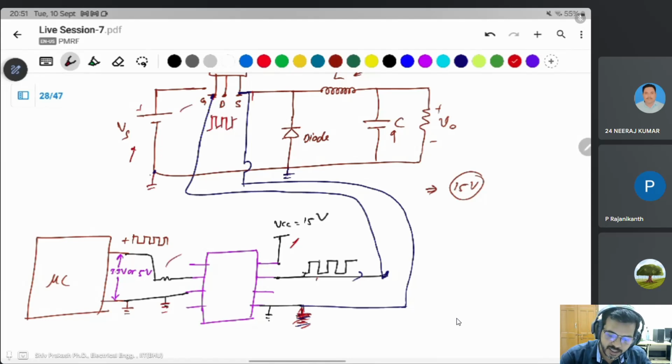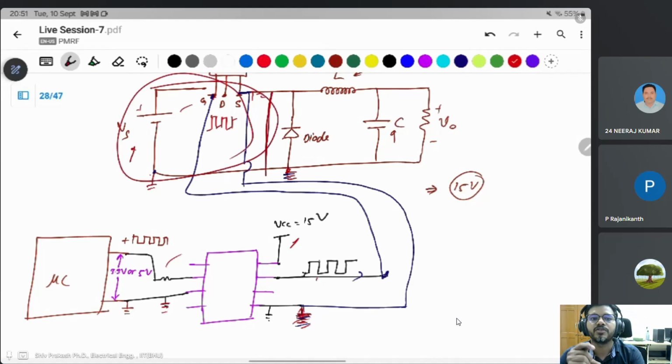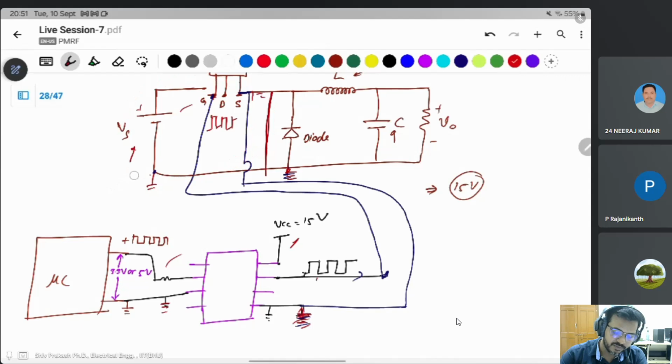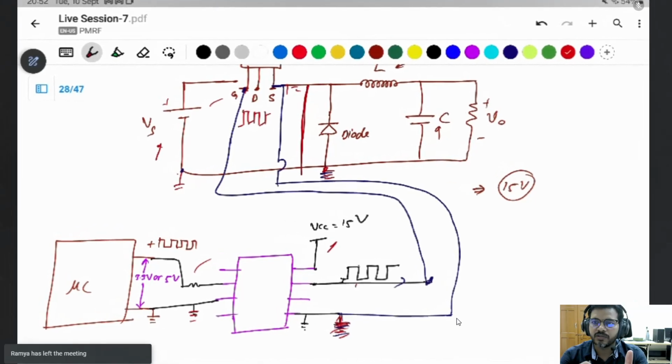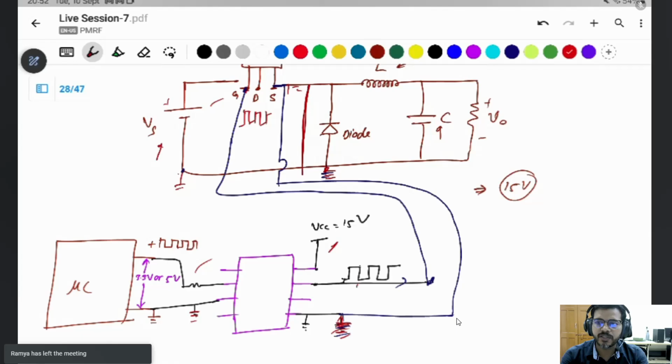Then what happens? This ground is the source circuit. When the switch is on, this will be a source circuit, like the source in a buck converter. In a buck converter, you can't give a non-isolated supply to the gate driver, and a non-isolated gate driver can't be used, because this is the floating switch.